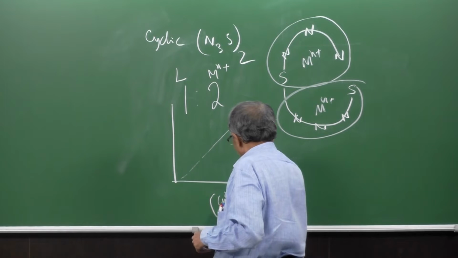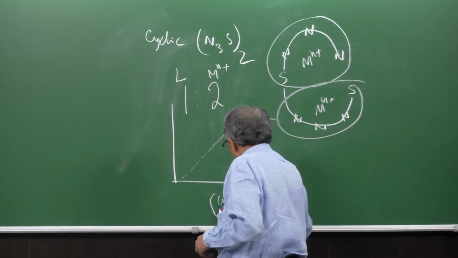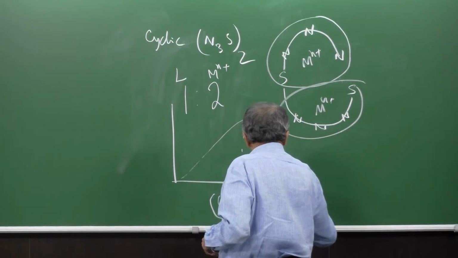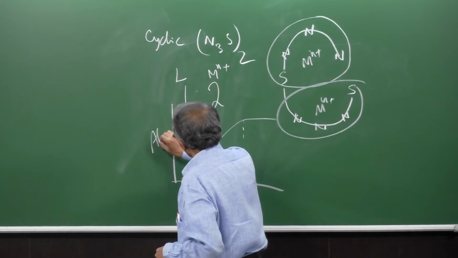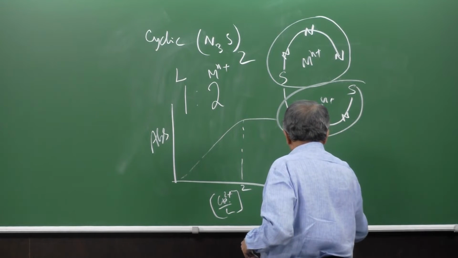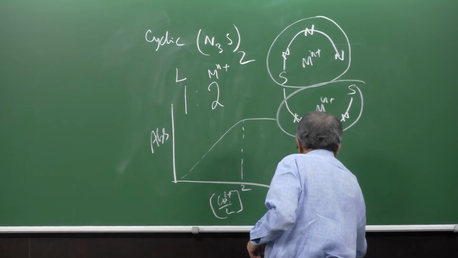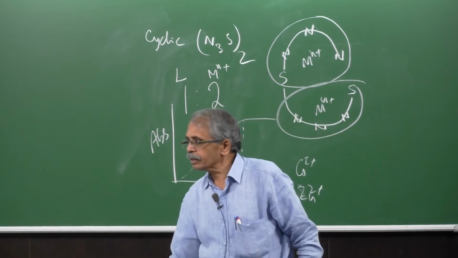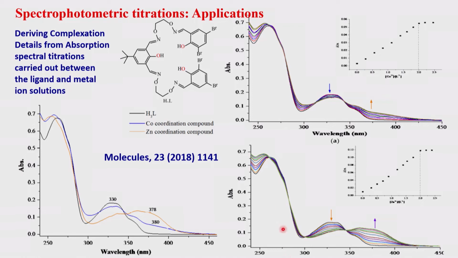We keep on adding the metal ion. The first one is cobalt 2+, and the second one is zinc 2+. So this is your absorbance. This is done for cobalt 2+, and is also done for the zinc 2+ ion. Both are shown in this particular slide, and you can see this is happening at the two equivalents.